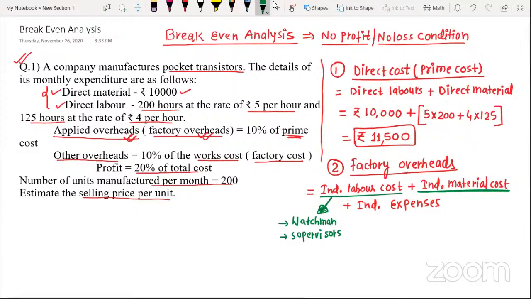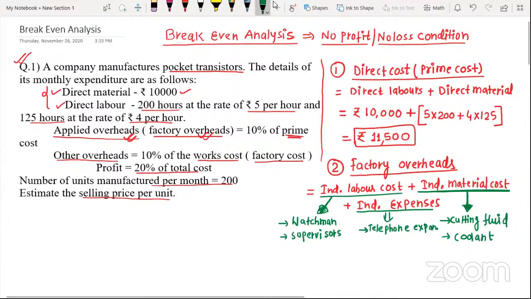It can be the cost of materials like cutting fluid or coolant. They are not direct material. And indirect expenses can be telephone bills. These are not directly involved in the production of the product, but they are also expenses.